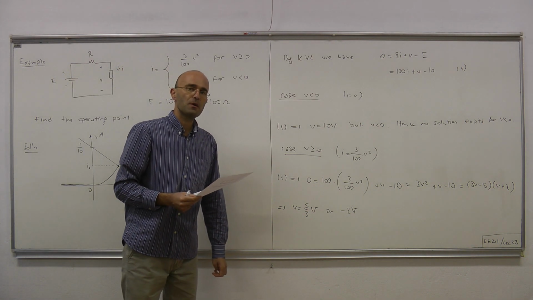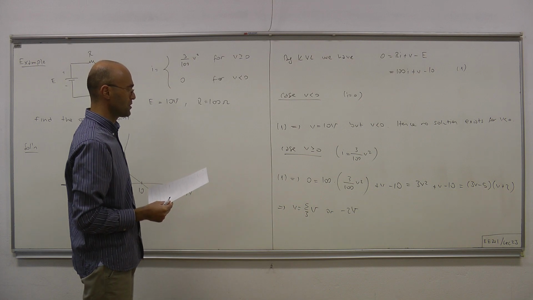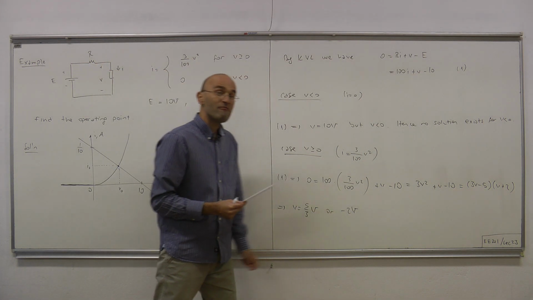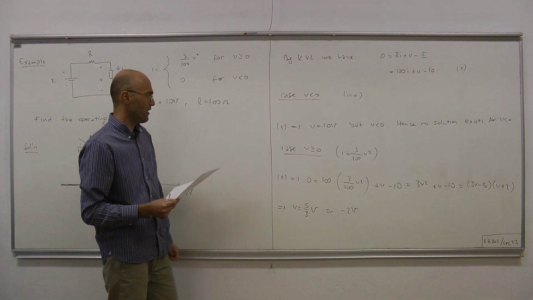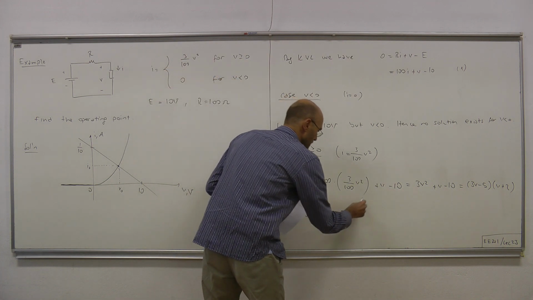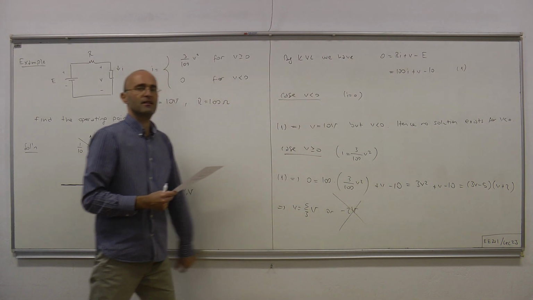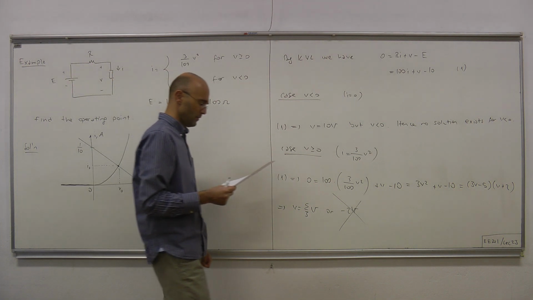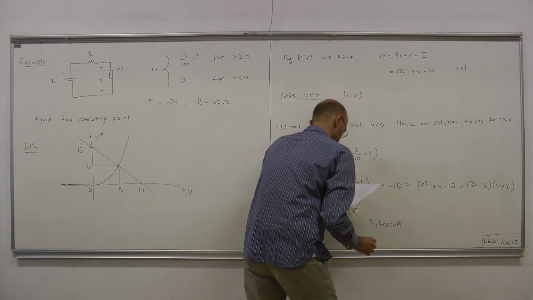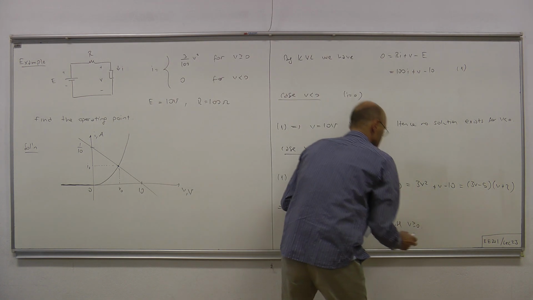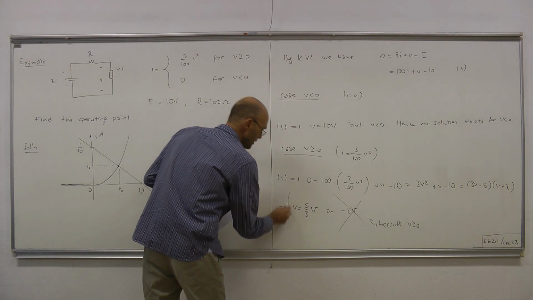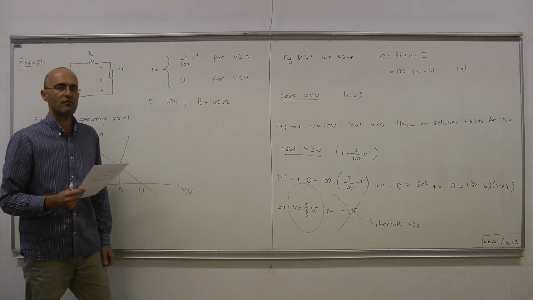But only one of those solutions is the actual solution, because one of them violates the assumption that we started with, and that assumption was V was positive. Therefore, this is not possible, because V is non-negative. And that leaves us with the only possibility, which is V equals 5/3 volts.